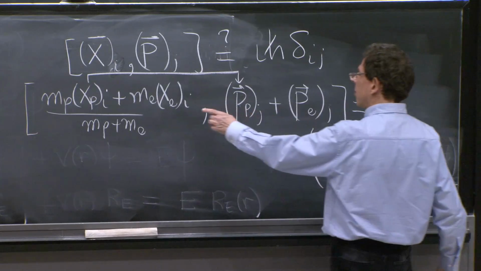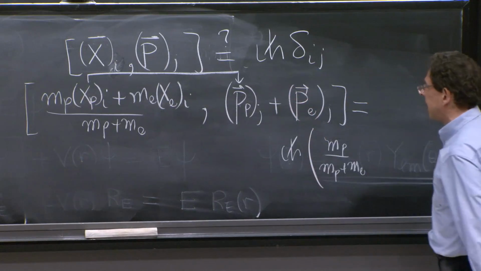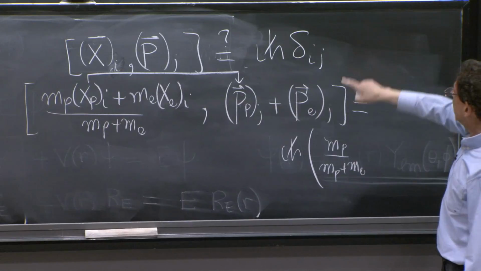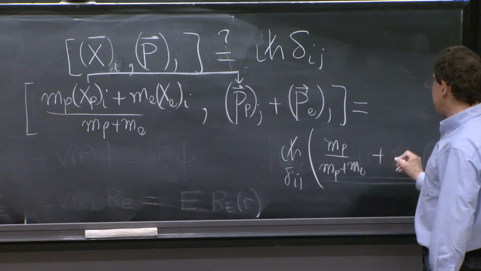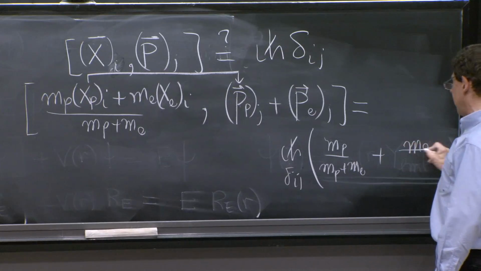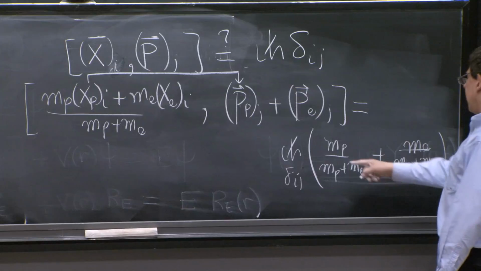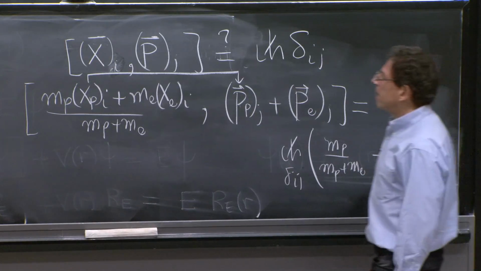And the second term for the coordinate of the electron only talks to the momentum of the electron, and it does give you an i h bar delta ij, but this time with an m_E over m_P plus m_E, and this factor is equal to 1. So yes, we can box this.